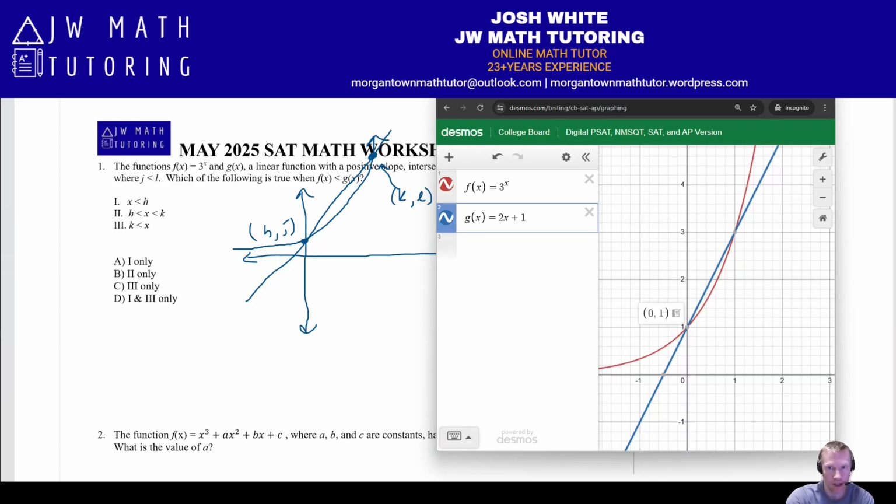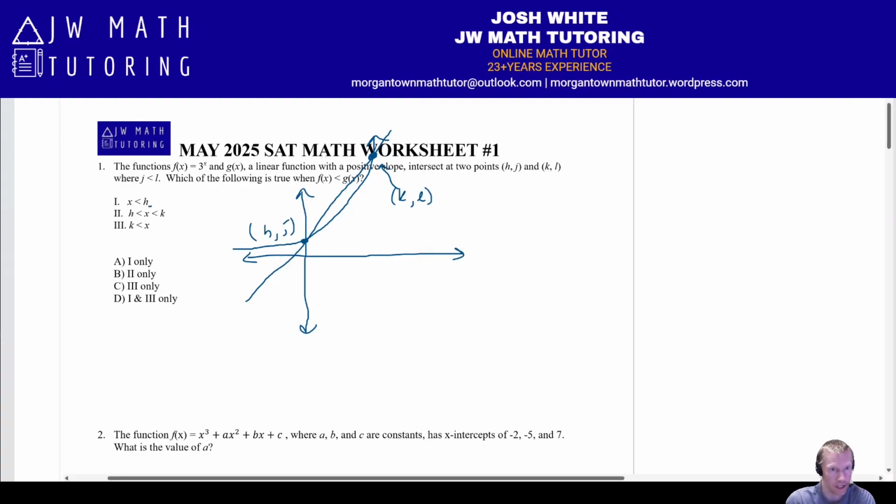If you notice, h is this 0 right here, the first intersection point. k is the x-coordinate of the second intersection point right here, which is 1. So this is true between 0 and 1, or in other words, where x is between h and k. So the correct answer for this is going to be letter B, 2 only. It's not going to be true for the other two.